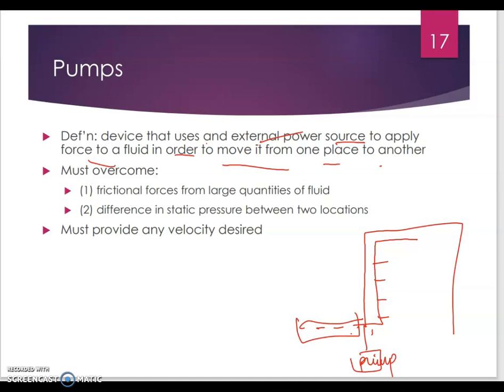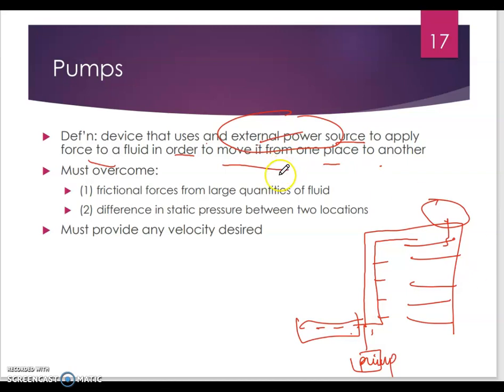If we don't use a pump, the only way to deliver the water is by using gravitational force. Maybe we need to put the tank up here, but actually it cannot deliver to any places that we want. So we still need the external power here to force the fluid to any places that we want.